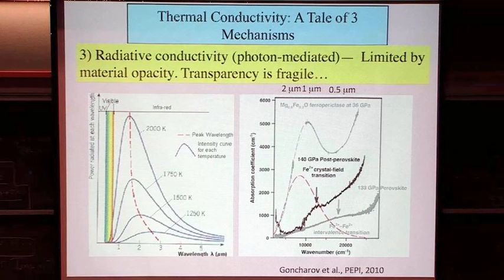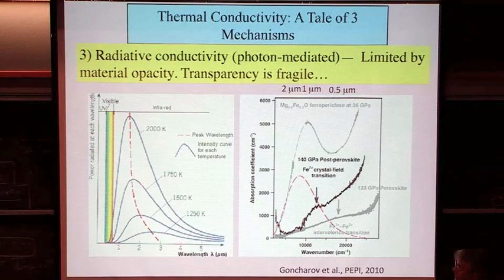The peak, as you all know, moves progressively towards the blue as temperature is increased. 2000 K is not a bad estimate for a lot of the mantle, and you wind up with a peak somewhere around a couple microns in wavelength, as a function of intensity as a function of wavelength.